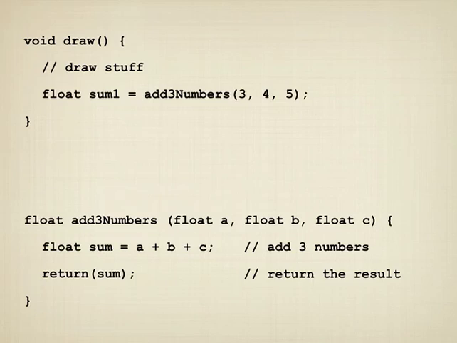It says, okay, I'm going to go off and find add three numbers. It checks add three numbers, and it says, oh, I'm expecting three floating point numbers. It looks at the call, and it says, oh, I'm getting three numbers, 3, 4, and 5. Happily, if a routine is expecting a float, you can hand it either a float or an int.